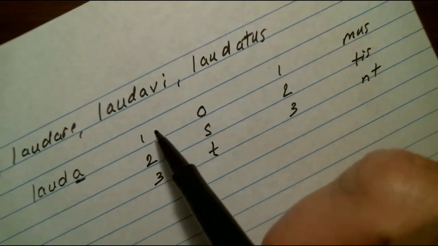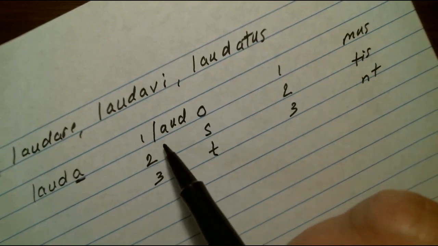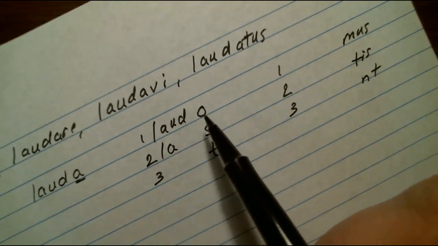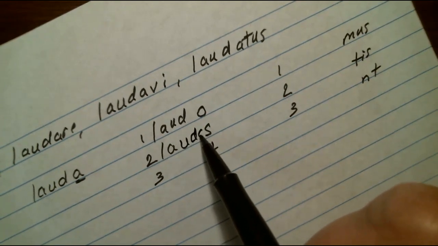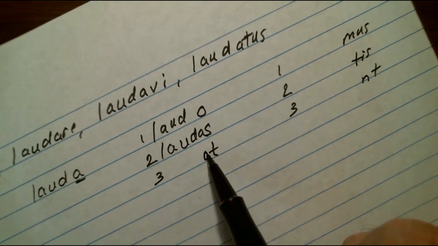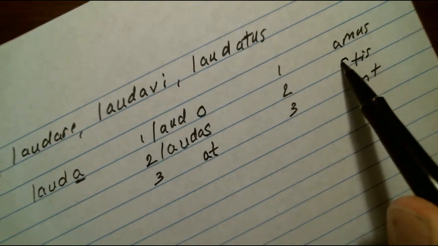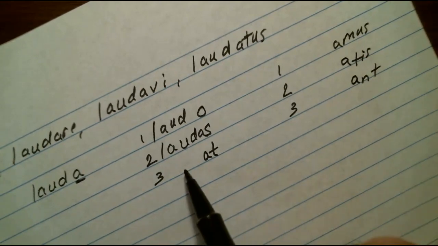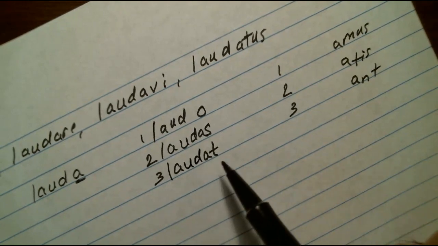Okay, so to fill this in, to help you out with the visual, so laudo, the A drops out there, swallowed up by the O, and then laudas. So the A is going to be present in everything here. So let's just put that in here: as, at, amus, atis, ant. That's the theme vowel, you could say, and that's what makes it first conjugation.